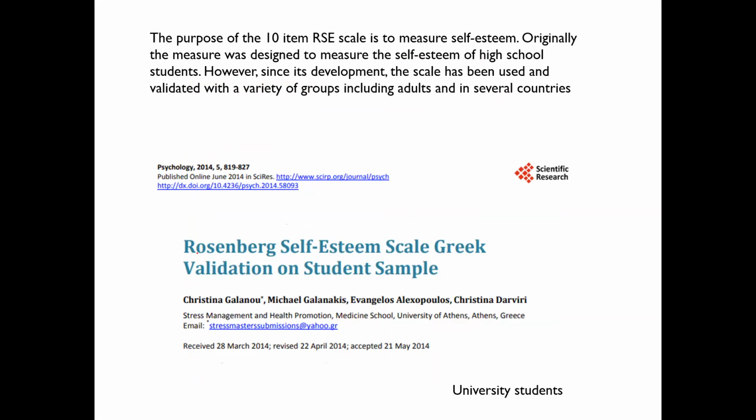This is a 2014 article, not really recent, where the whole study was to validate the self-esteem scale in Greek university students. So not high school, and in Greek. As you can see, the whole study is basically to validate this scale in Greek students.